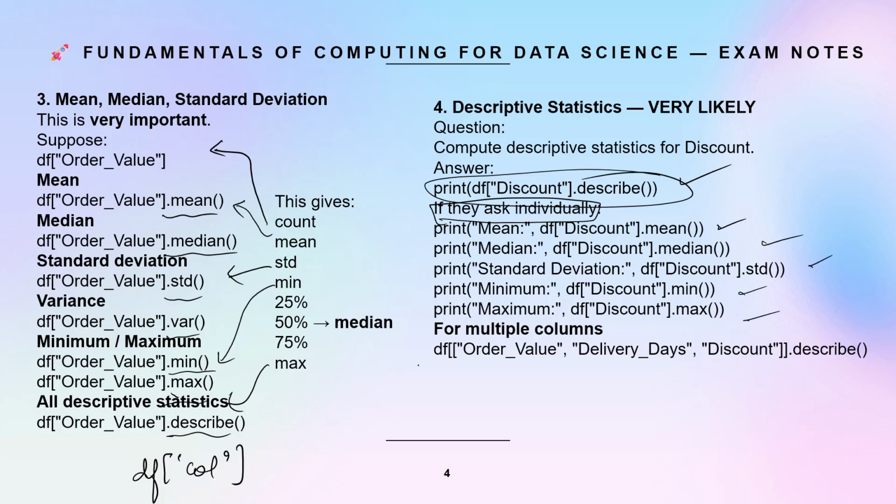For multiple columns, as I had explained, you write df of column 1, column 2, and then you can write dot.